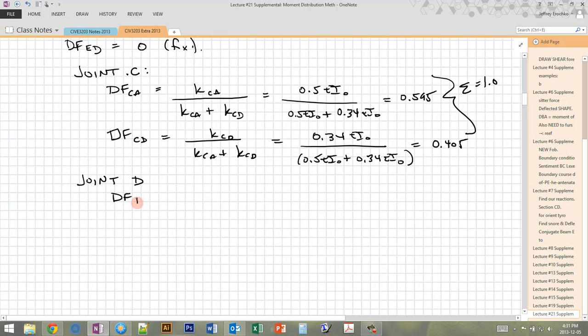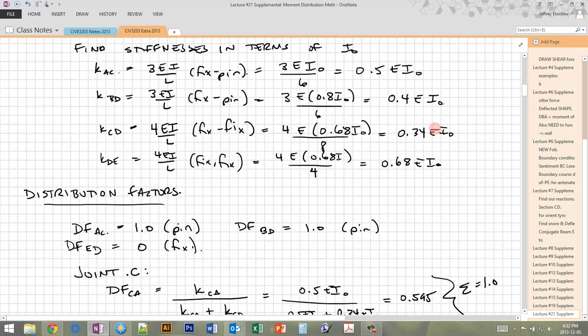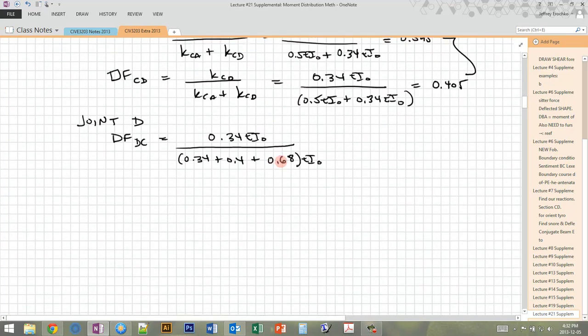So DF for DC, which is one of them, is the stiffness of DC, 0.34 EI naught, divided by the sum of the stiffnesses. So it's going to be 0.34 plus 0.4 plus 0.68 EI naught. So these are all of the members that frame into that joint D.